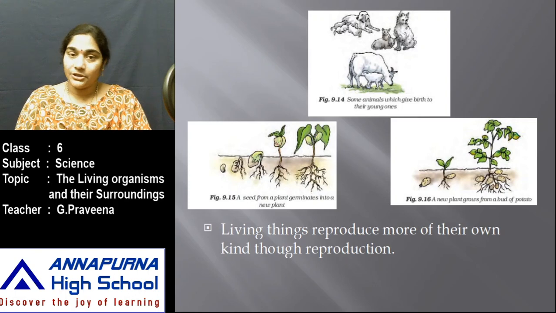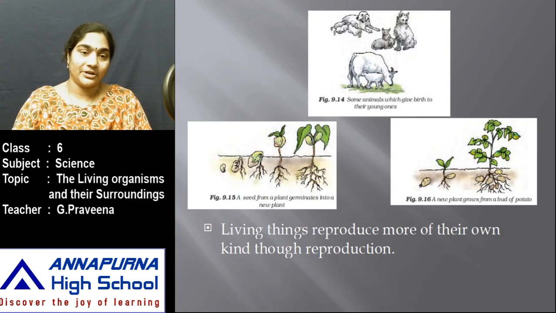For example, take a potato, select an eye of it, and keep it under the soil. You will observe a plant coming out from that bud. So reproduction in a plant may take place with the help of a seed or different parts of a plant, such as the root system, the stem or the leaves. Living things reproduce more of their own kind through reproduction.